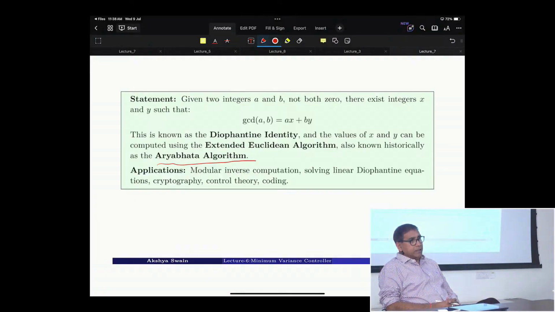It is all recorded, I am not bothered. Let the people listen. The Western people did not credit Aryabhatta. They take it as Diophantine equation. Actually, it's not Diophantine identity. It has been developed by Aryabhatta, right?